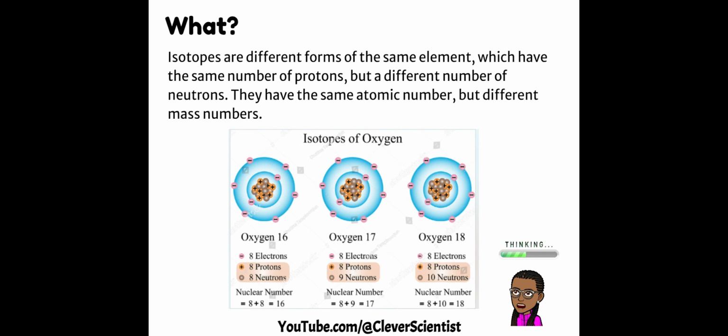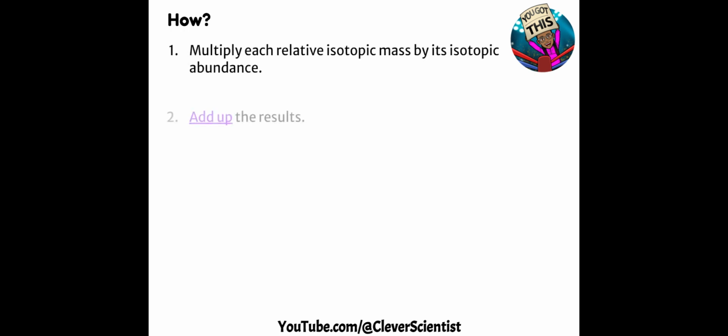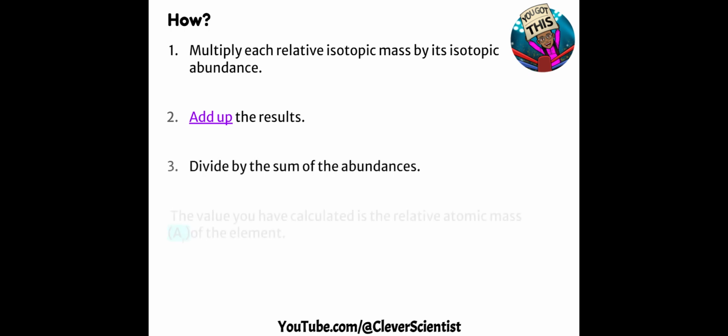Okay, so let's have a look at how we work out relative atomic mass. Guess what? We've got an easy process, only 3 steps. First step, multiply each relative isotopic mass by its isotopic abundance. Step 2, add up the results.